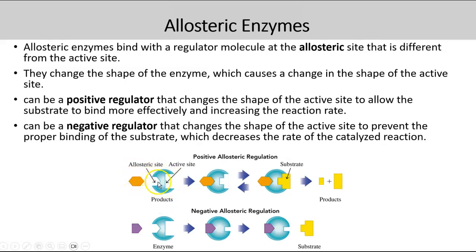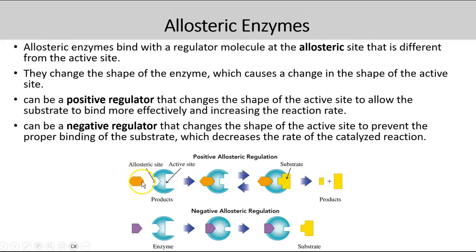So this is the enzyme molecule. Now this enzyme molecule has the active site as usual. In the allosteric enzymes, there is another site called the allosteric site in addition to the active site. This allosteric site will bind a different molecule called a regulator molecule.